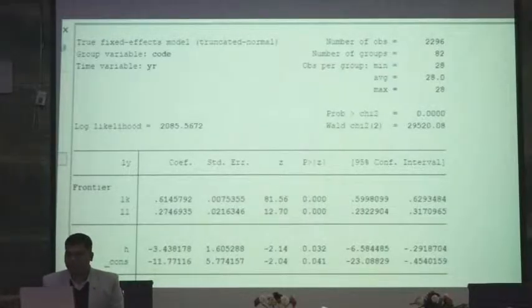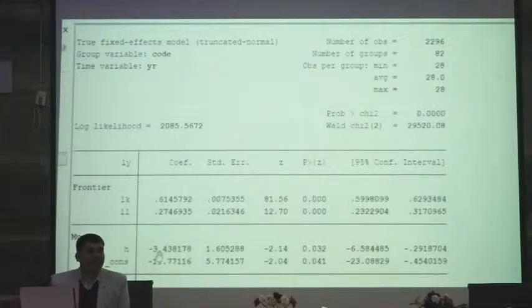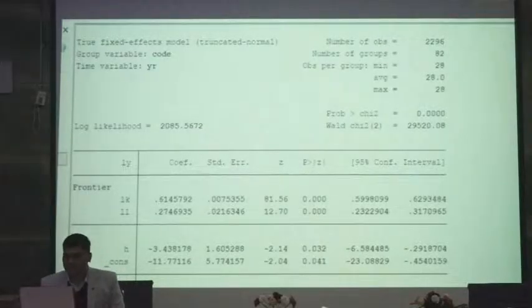So we have to check the coefficient and then the p-value. If the p-value is significant, you can say that this h has a negative impact on inefficiency, but a positive impact on efficiency. That means if h is increasing, efficiency will also increase.